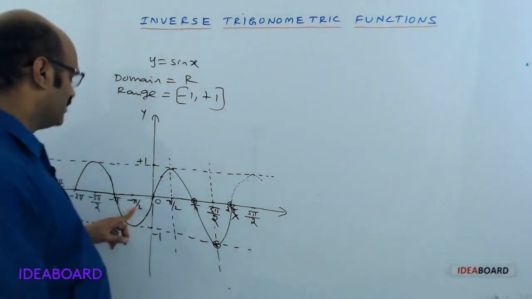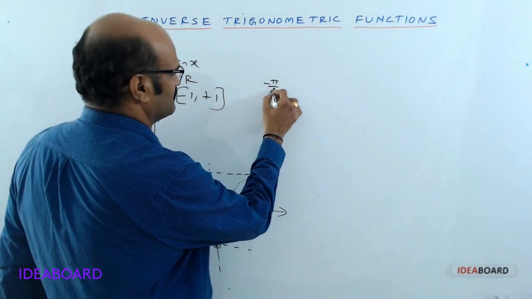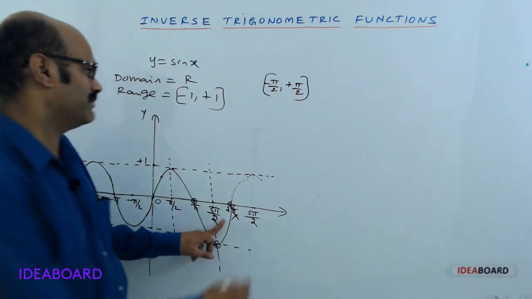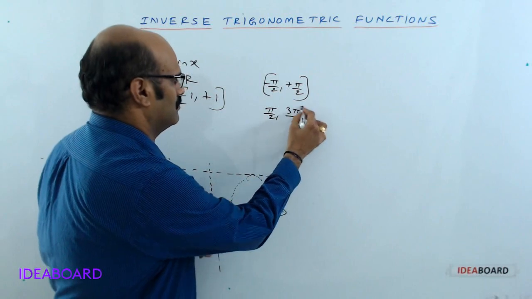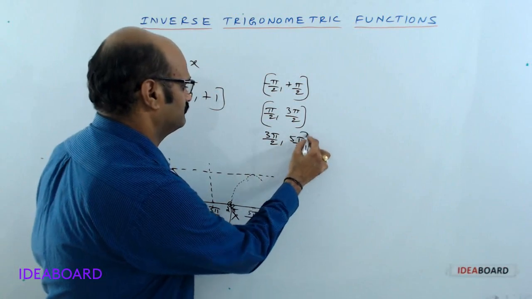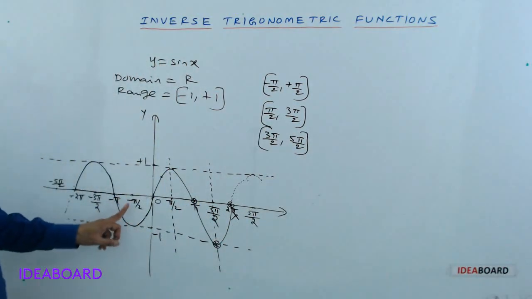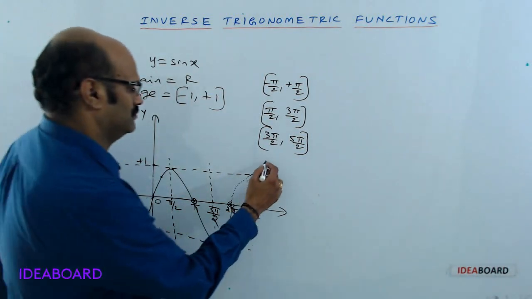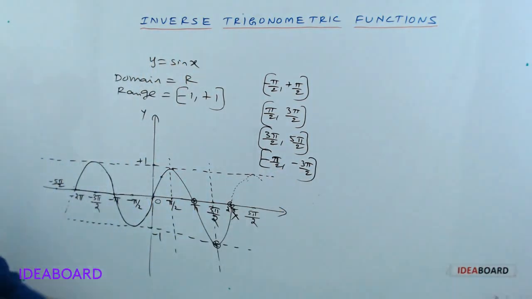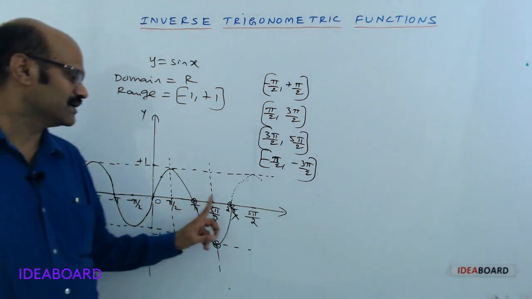So y equal to sin x is bijective in the interval minus pi by 2 to plus pi by 2, also pi by 2 to 3 pi by 2, 3 pi by 2 to 5 pi by 2, and minus pi by 2 to minus 3 pi by 2, minus 3 pi by 2 to minus 5 pi by 2. Clearly y equal to sin x is bijective.